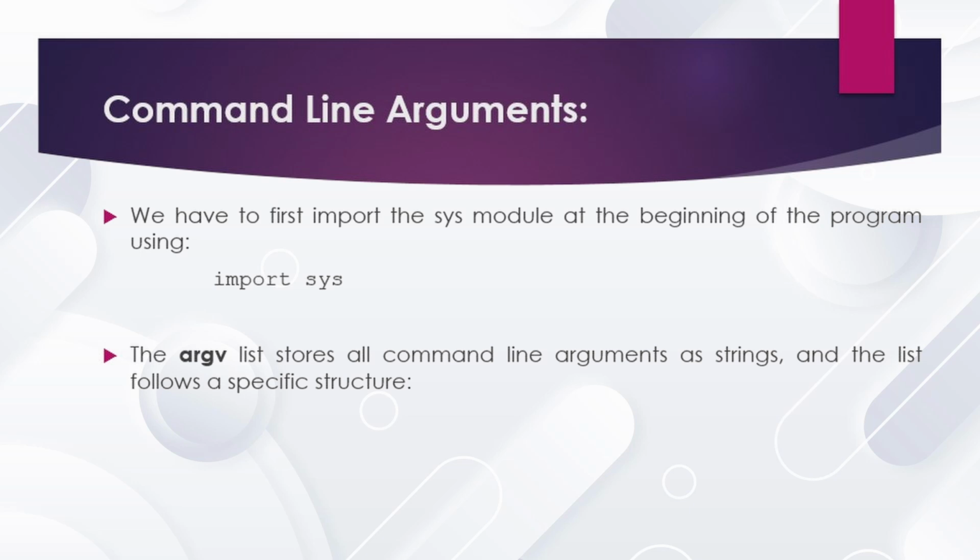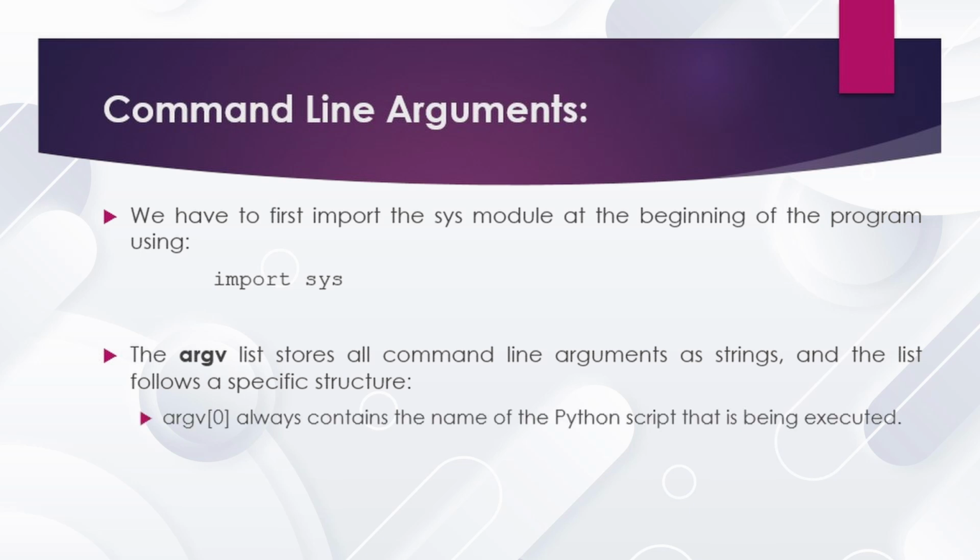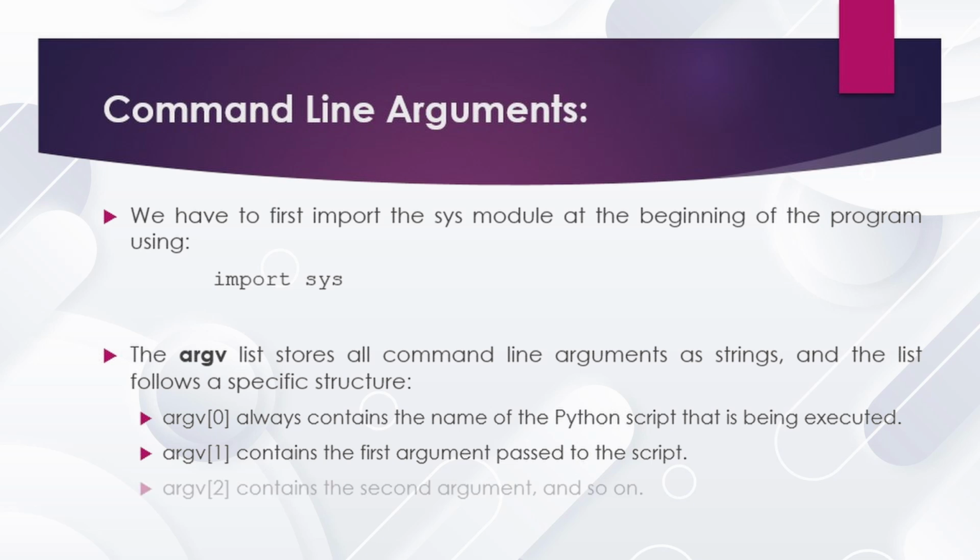The list follows a specific structure. argv[0] always contains the name of the Python script that is being executed. argv[1] contains the first argument passed to the script. argv[2] contains the second argument, and so on.